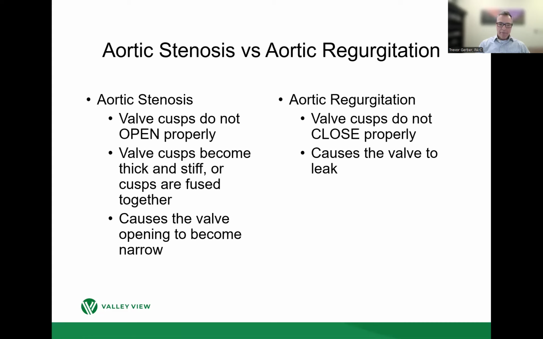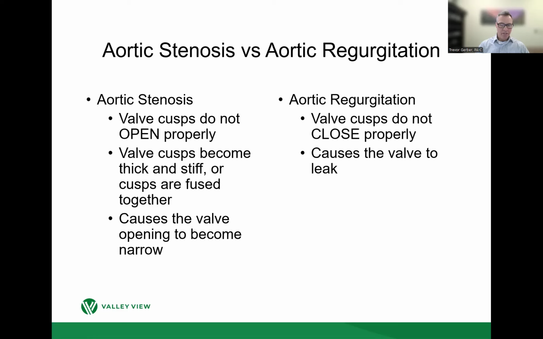Thinking back to our anatomy, the aortic valve itself is made up of three leaflets or cusps. These cusps are flaps of tissue that open and close with each heartbeat to allow the blood to cross from one chamber to the next. With aortic stenosis, these valve cusps do not open properly. Sometimes these valve cusps can become thick and stiff, or the cusps can become fused together.